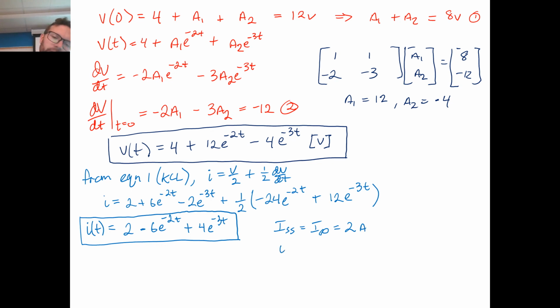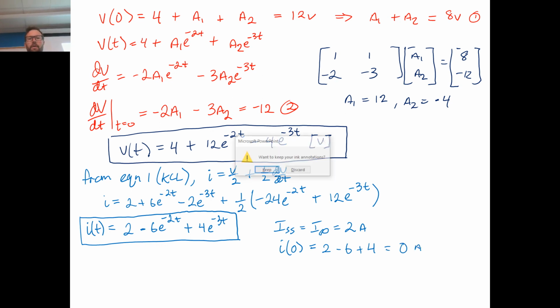And if we wanted I of 0, well, you could just solve for it in this term. So you'd get a 2 minus 6 plus 4, right? If you just plug in 0 into all those t terms, 2 plus 4 is 6, minus the other 6, you get 0.